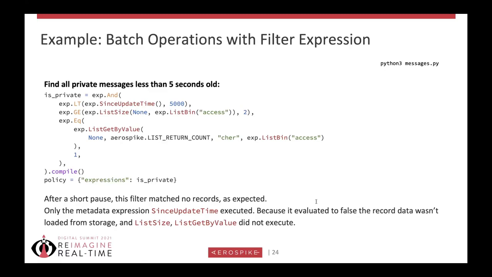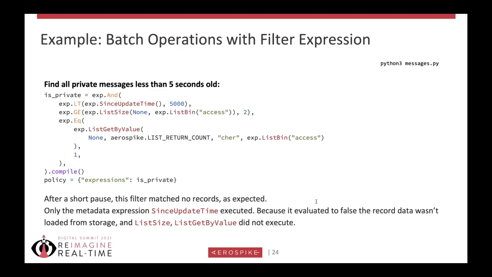We're going to check for a since update time that is less than 5,000 milliseconds. We're going to check for a list size that is 2 or more, greater or equal to 2. And we're going to check that inside that list, one of the values, so list get by value, is Cher. We want to make sure that when we return the count, we see Cher show up once.